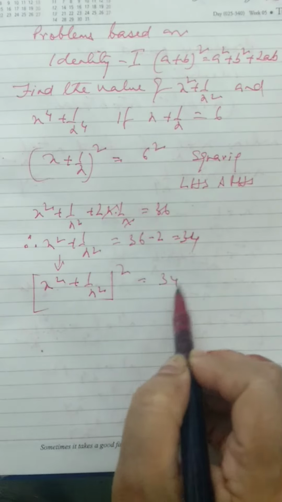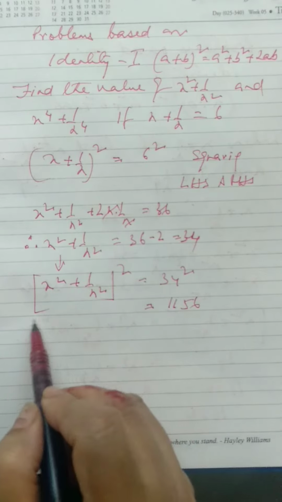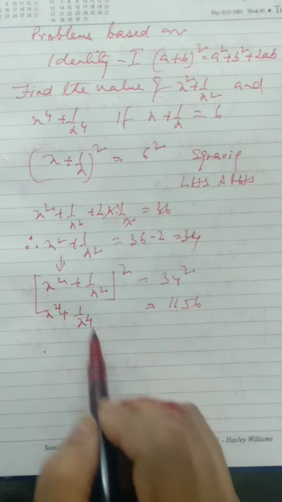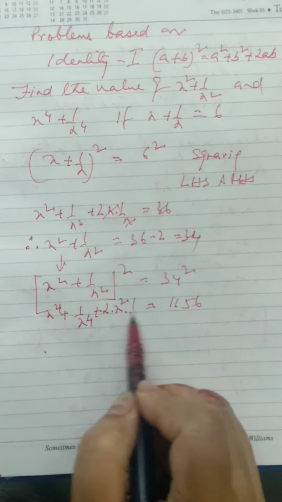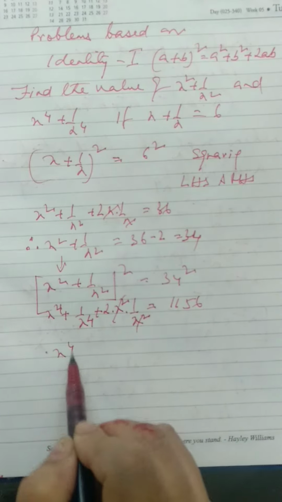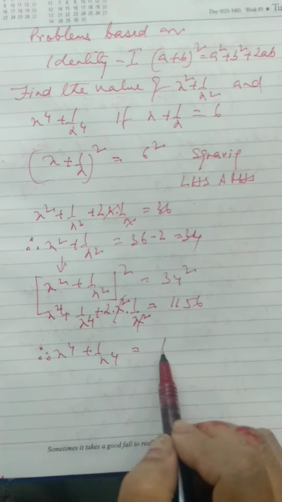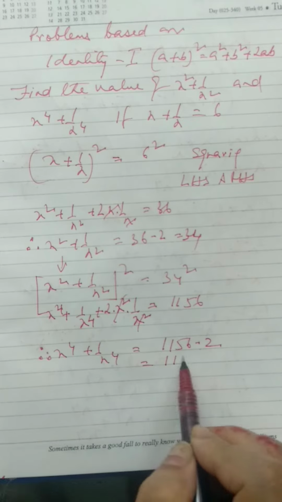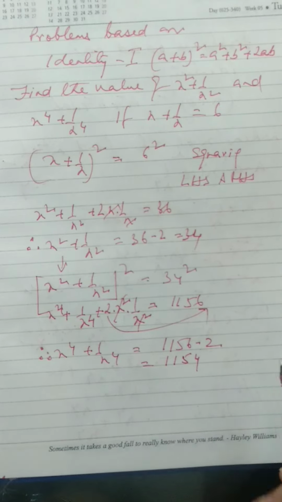So we get 34², which is equal to 1156, and when we expand this, we get x⁴ + 1/x⁴ + 2·x²·(1/x²). This 2 gets cancelled, so x⁴ + 1/x⁴ is equal to 1156 minus 2, which is equal to 1154. I hope you have got it, because this 2 gets transposed here.